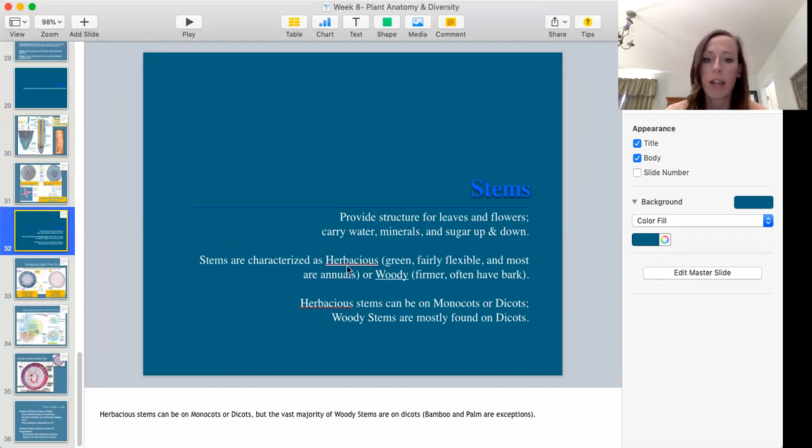And then woody stems are on those plants that continue year after year to expand. So for instance, you're familiar with a tree has rings within its stem. This is a woody stem. It has bark, firmer, needs to support the tree year after year. Herbaceous stems can be on monocots or dicots. Woody stems are usually found on dicots with a few exceptions.